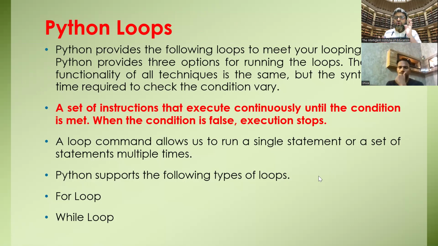In a simple way, a loop checks the condition continuously. When the condition is true, whatever print statement or logic you give will execute continuously. When the condition is false, it will stop.